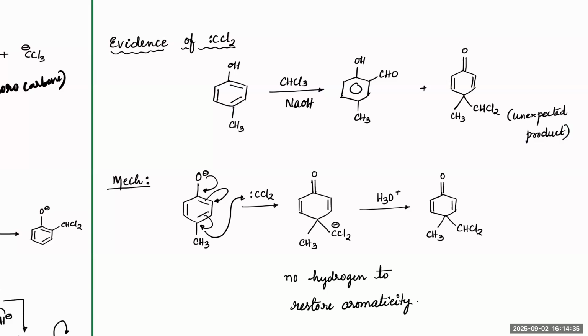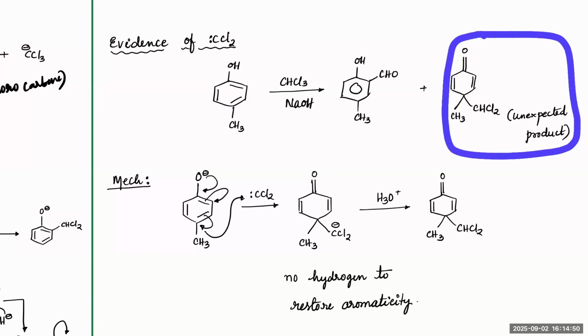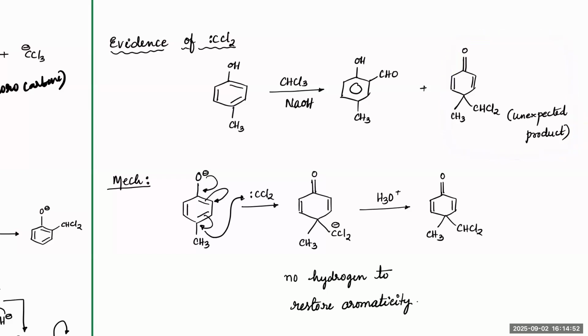That is, at this position, the electrophile CCl2 was added, and that CCl2 will take H plus from the hydrogen here and convert that into CHCl2. So this was a product which was observed. Okay. So this product was the confirmation that of course there is a CCl2 which is an electrophile through which this reaction is happening, and finally we are getting salicylaldehyde.